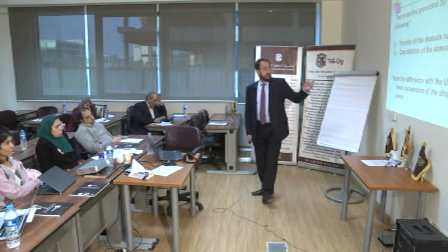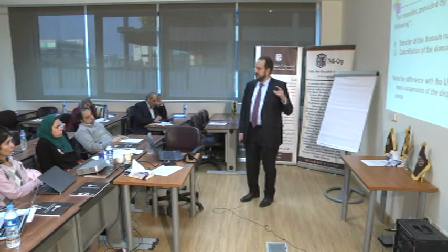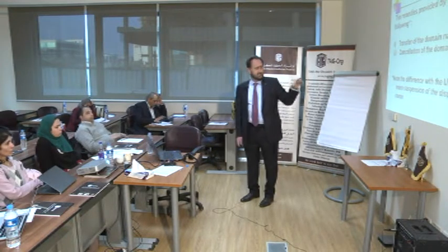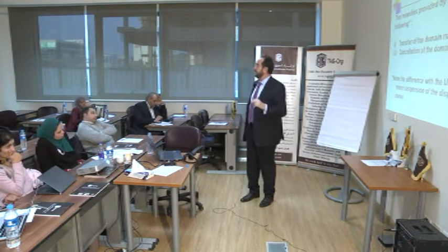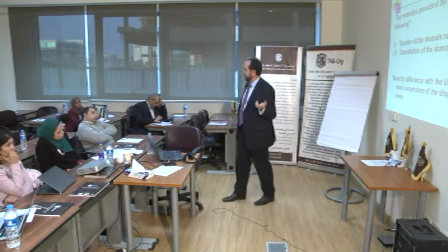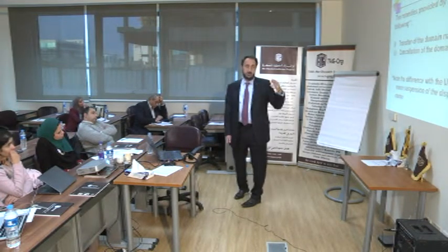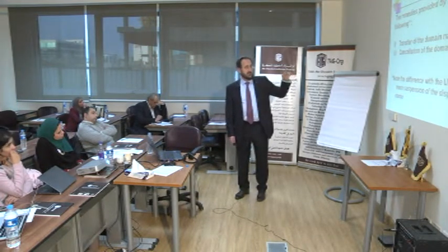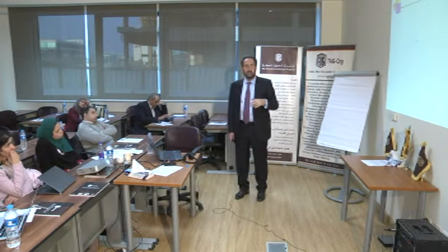While the URS, Uniform Rapid Suspension, is simply obtaining a suspension. It's a new procedure which was introduced for the new generic domains. We'll talk about that again tomorrow. It's a procedure which has a different threshold of evidence, but the only aim of a URS, which is only applicable to the new generic domains, is to obtain the suspension of the domain.